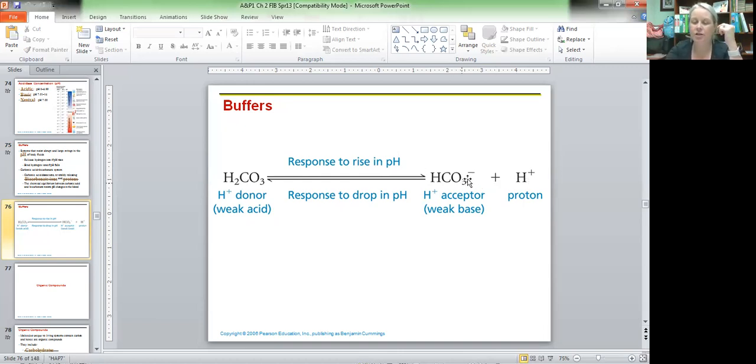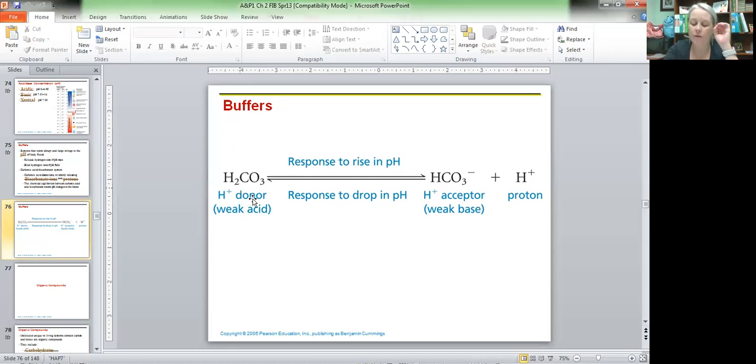and HCO3 negative, okay? To become less acidic, bicarbonate holds on to H+, so this holds on to this to form this, which is carbonic acid.